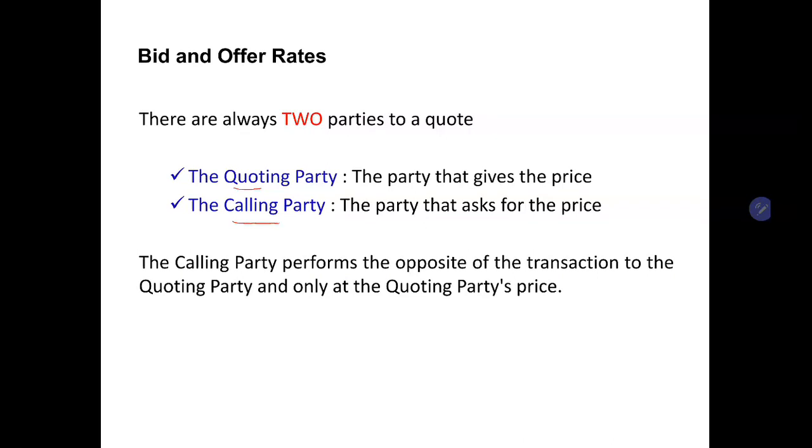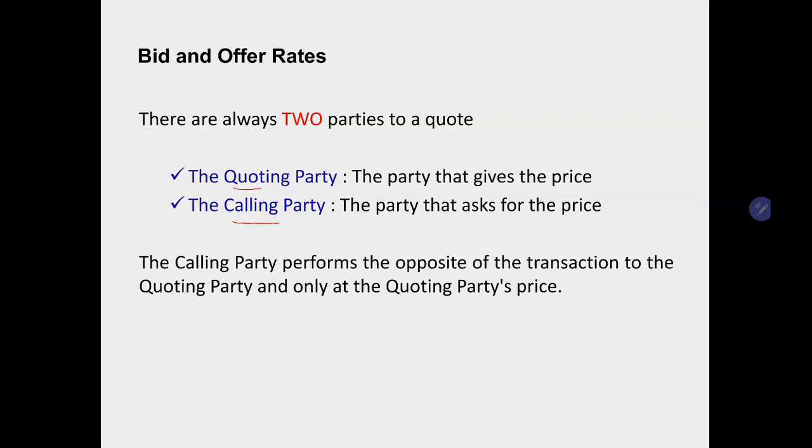They will ask the price from the bank, or from the quoting party. The calling party performs the opposite transaction to the quoting party and only at the quoting party's price. So if the quoting party buys, the calling party performs the opposite transaction, which is to sell. If the quoting party sells, the calling party will buy.